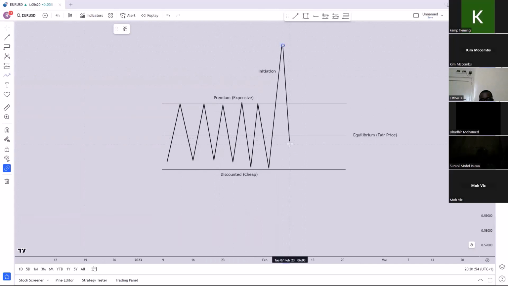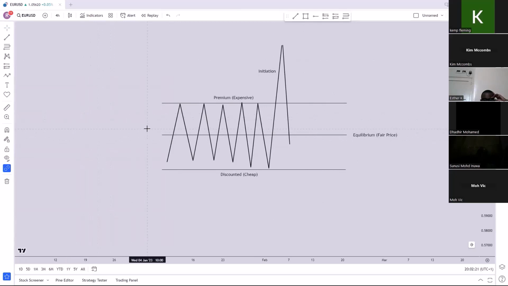Now this is the mitigation phase. This is where price has come up, supply has stepped in, and we are now heading back into our mitigation zone. What mitigation means is that we are mitigating, quote unquote, tapping back into our demand zone, ready to look for buy entries to come back up, in a bullish context.